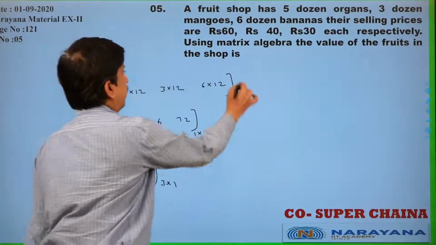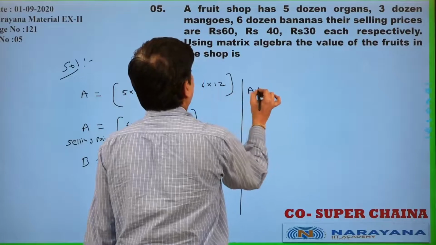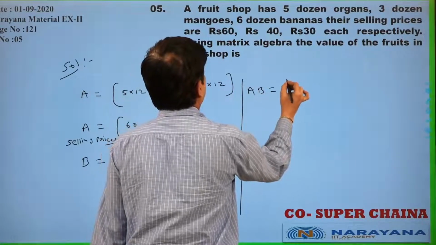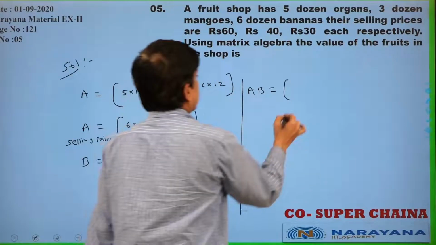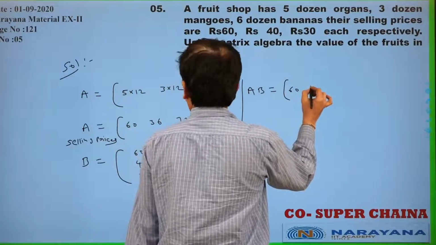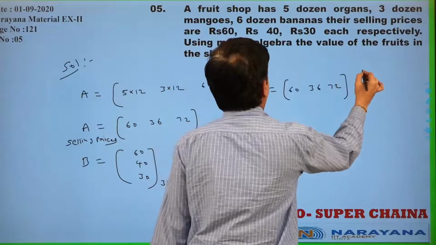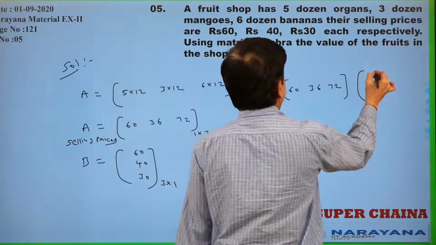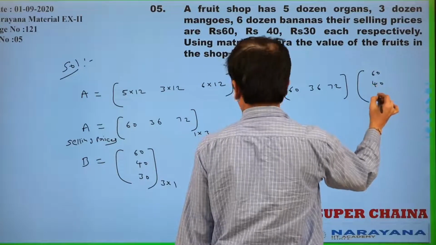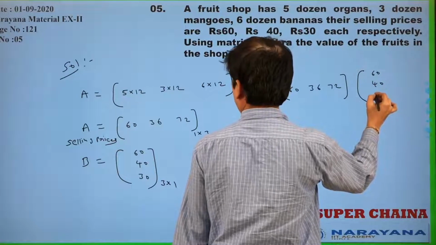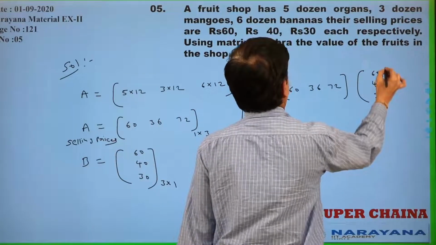Now the product AB is nothing but 60, 36, 72 times 60, 40 and 30. Is it clear?